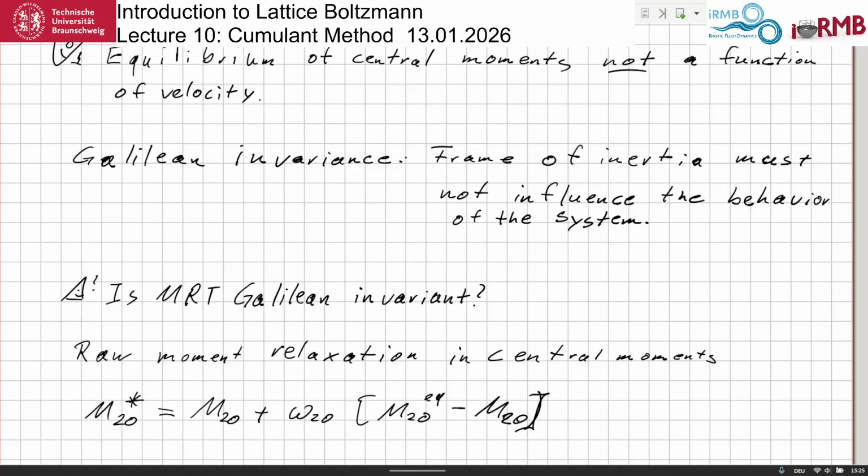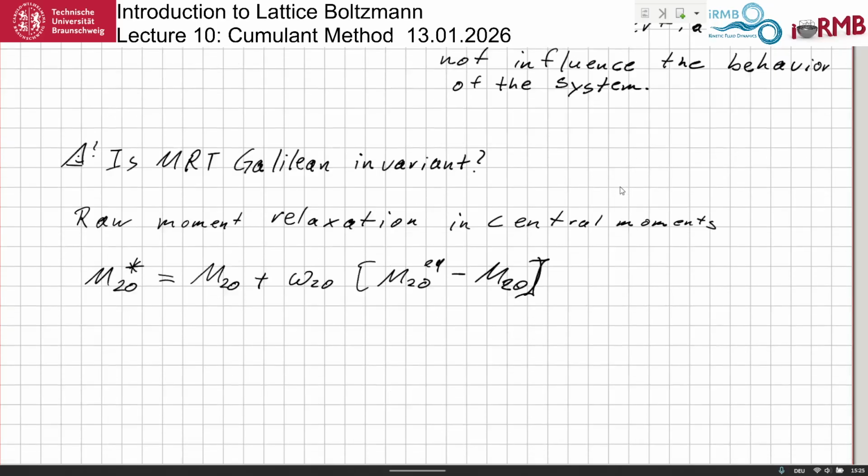Now the question is, what would this thing that is done in raw moments do to the central moments? We would like it to behave the same way. So we have 3 different raw moments here, namely the post-collision state, the pre-collision state, and the equilibrium state, and all of them we will transform into their central moment counterpart.